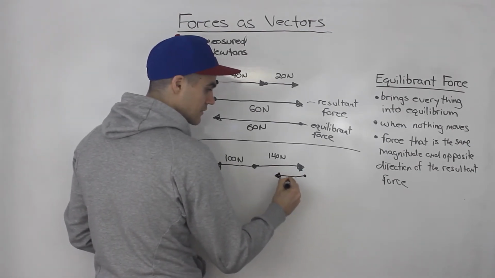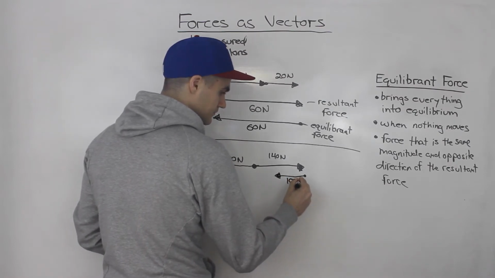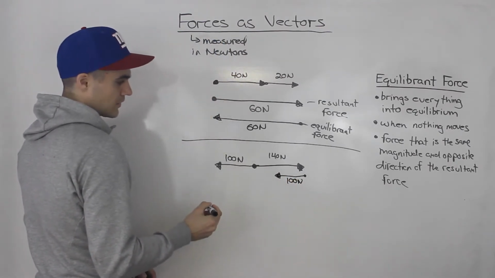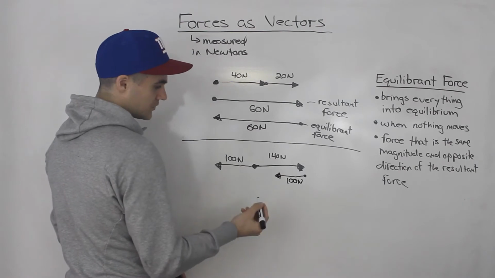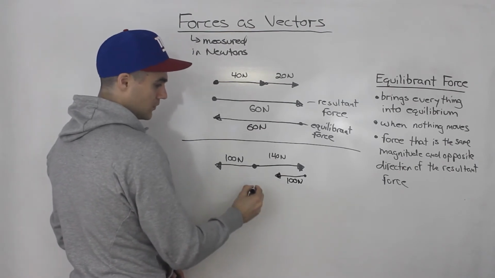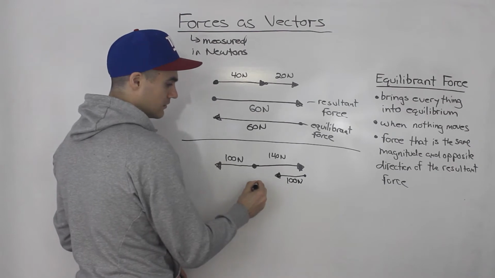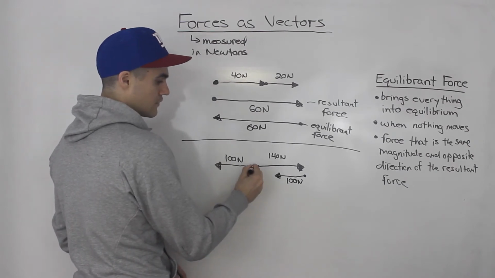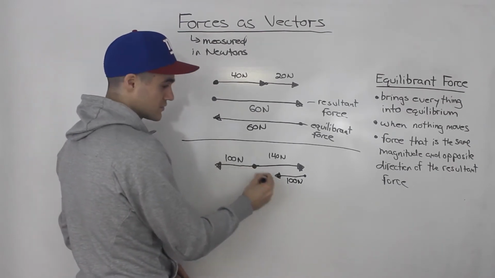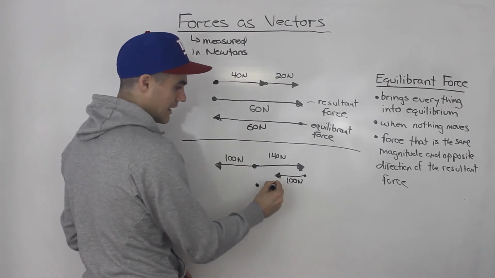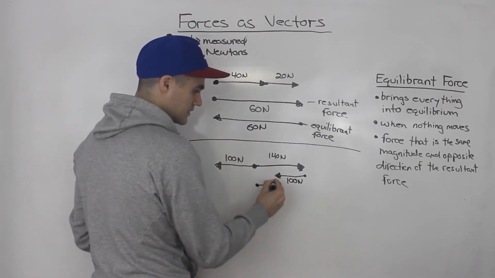So let's say that's like that. What's going to happen? Well, the resultant, if you remember, is always drawn from the tail of the first vector to the head of the last vector. So it's going to look like this.